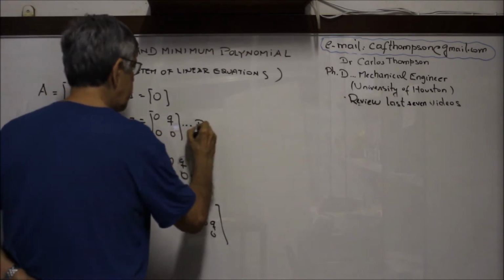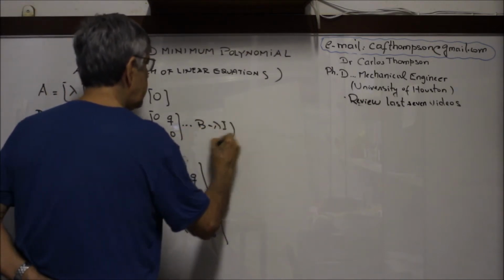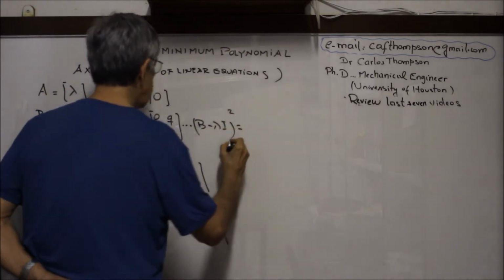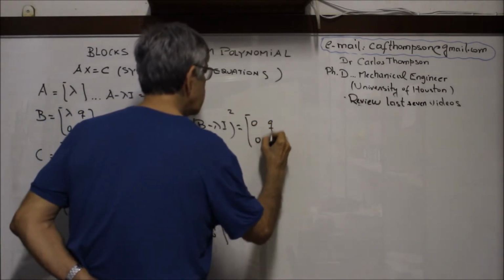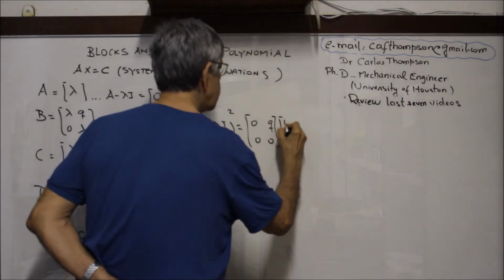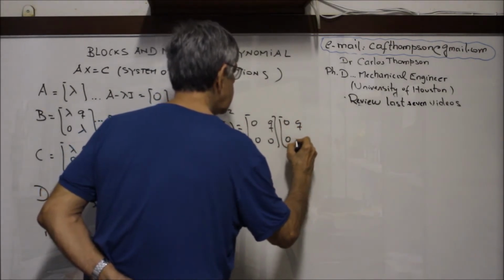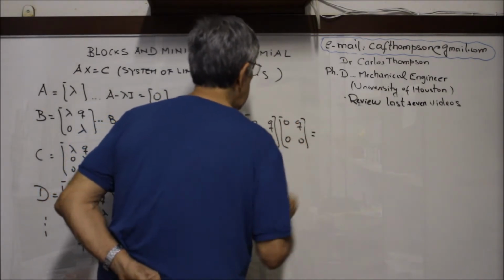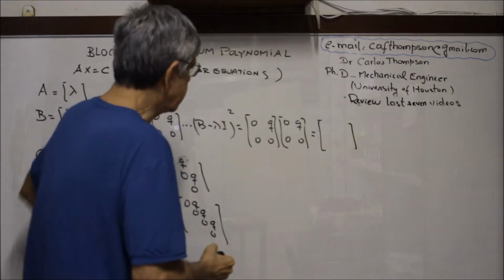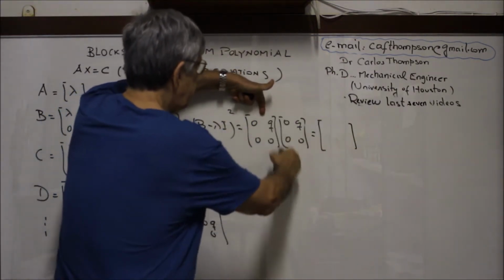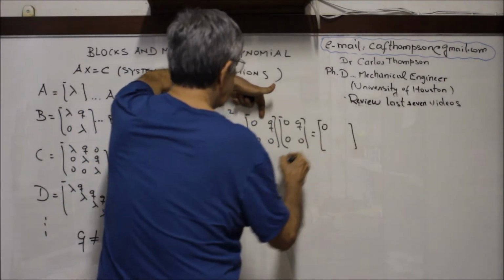B minus lambda I squared is 0, Q, 0, 0 times 0, Q, 0, 0. The result: first row, first column, 0.